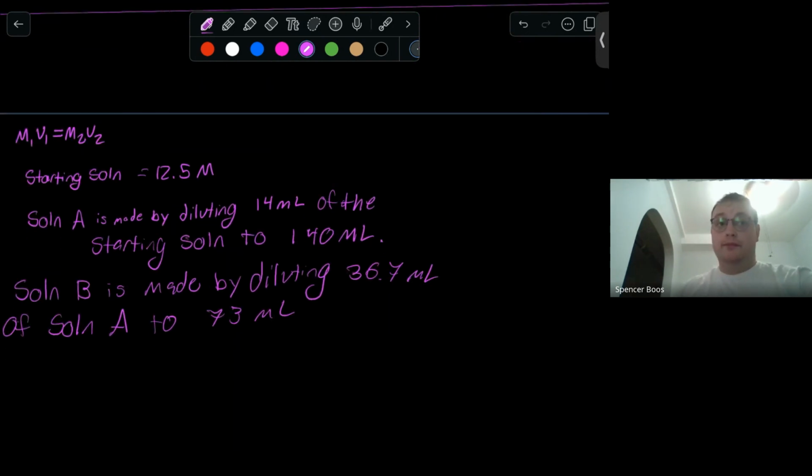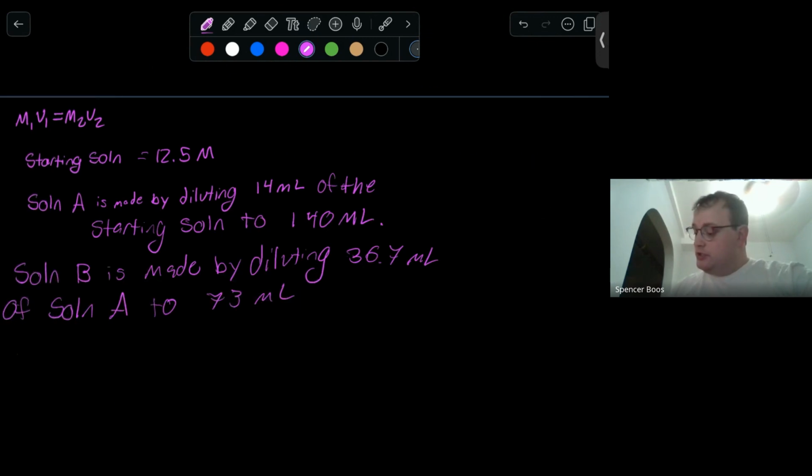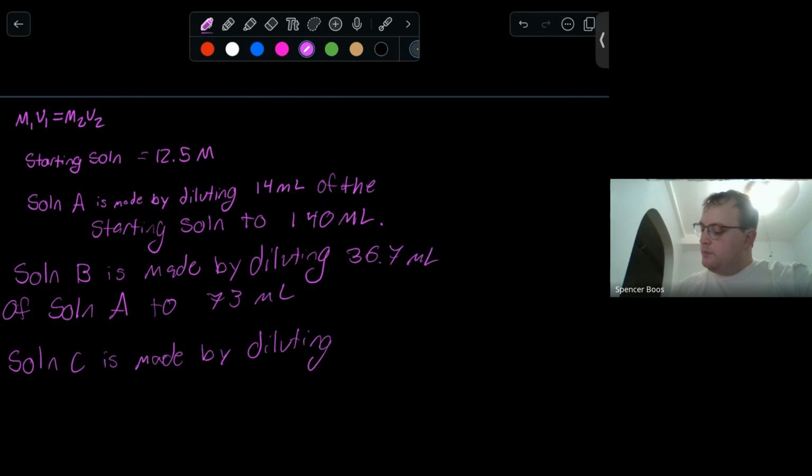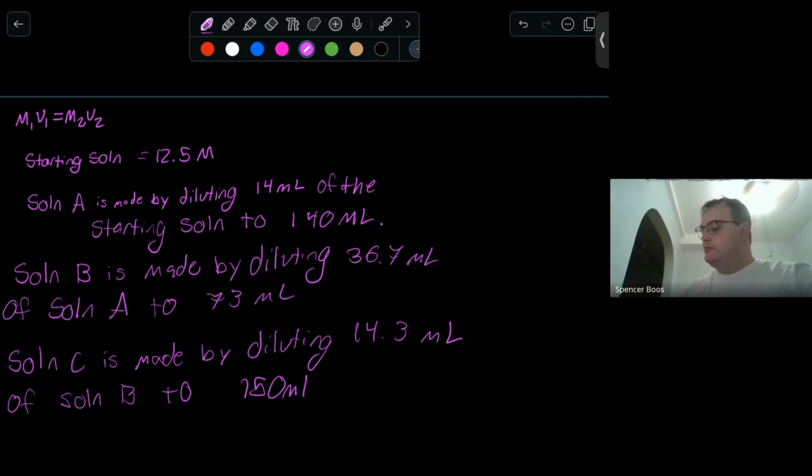And finally, let's say solution C is made by diluting 14.3 milliliters of solution B to, let's say, 150 milliliters.